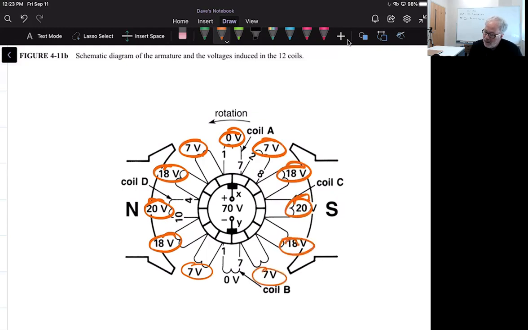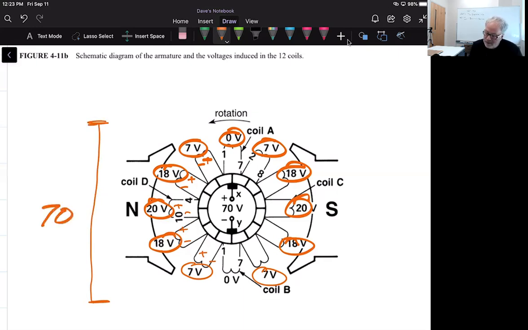And just like we talked about earlier, if we wanted to put a polarity to these voltages, we could indicate that on the coils across here. Then that shows us that if we go from this point here to this point here, those individual DC voltages would just add.